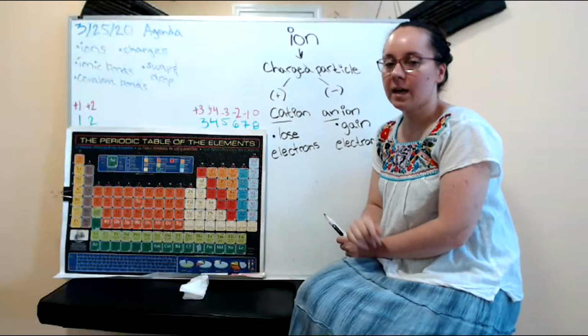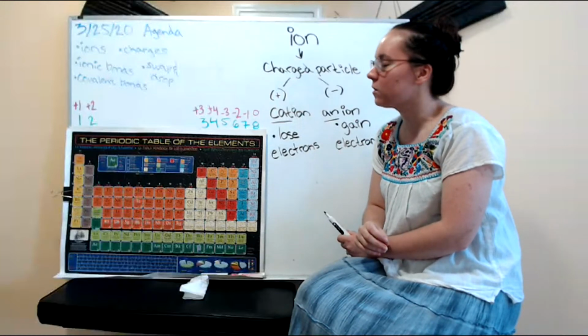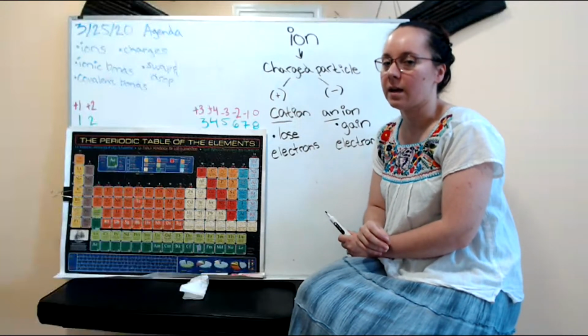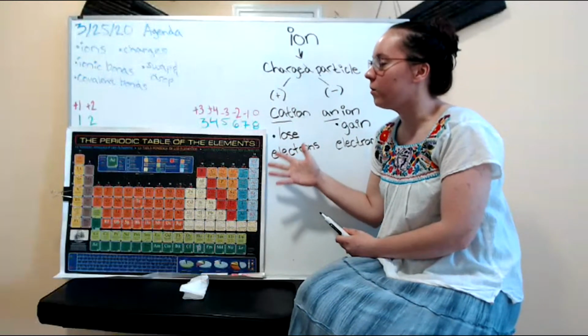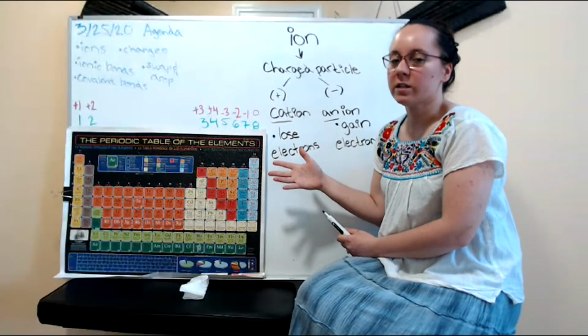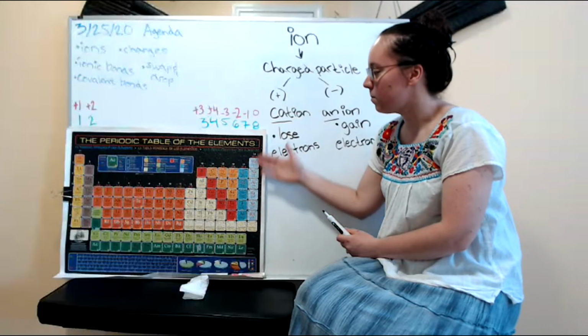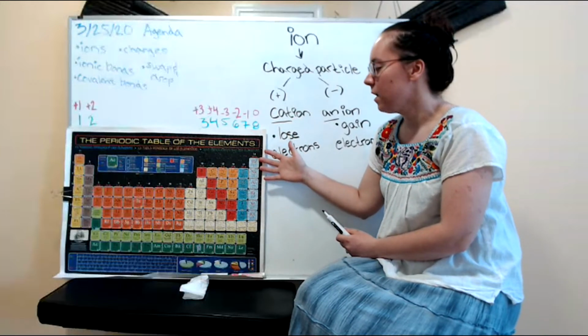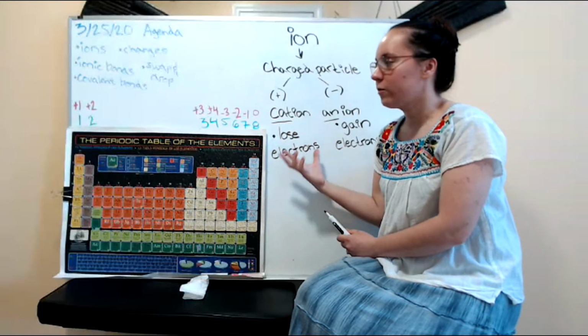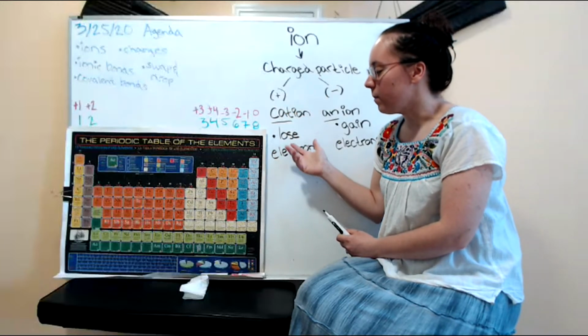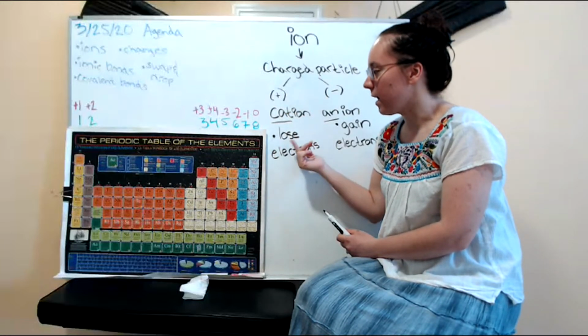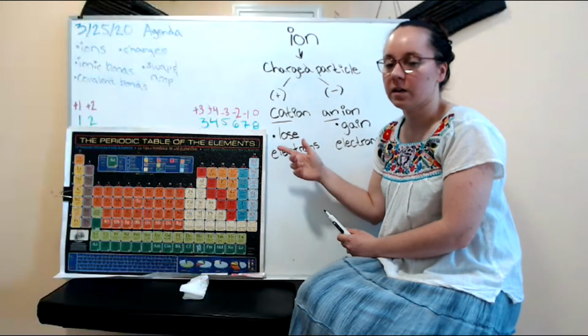Notice group 8 has a charge of 0. That is because group 8 will not react, okay? They are already stable. The entire purpose of every element on the periodic table for it to bond is to have the stability that group 8 has, okay? So group 8 does not have to bond, and it already has a full valence shell. I may have mentioned before, neon and down has 8 electrons, and then helium is an exception.